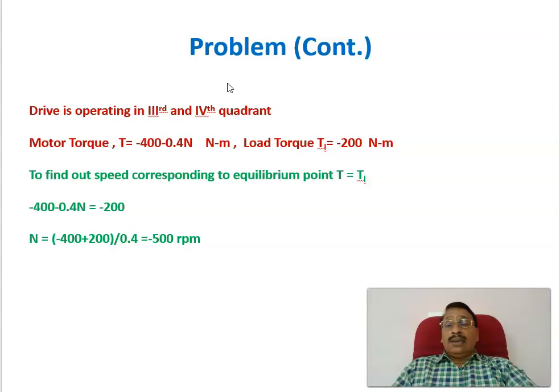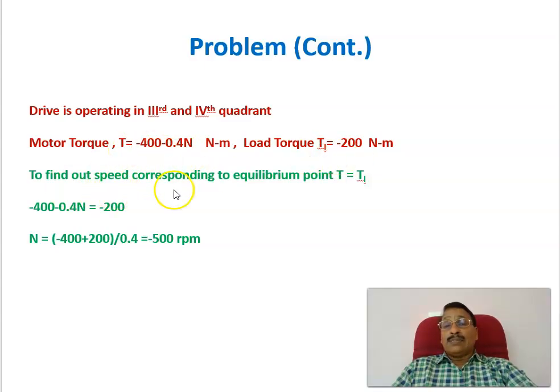The second part of the question is when the drive is operating in the third and fourth quadrants. Then the motor torque is changing: T equal to minus 400 minus 0.4 N, N in rpm, Newton meter, and the load torque is given as minus 200 Newton meter. Again, to find the equilibrium point, you have to equate T and TL.